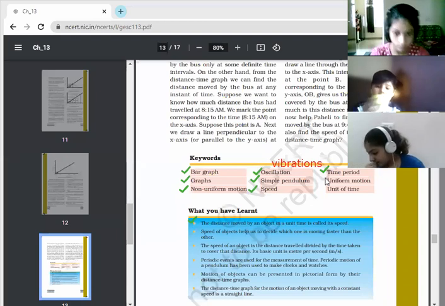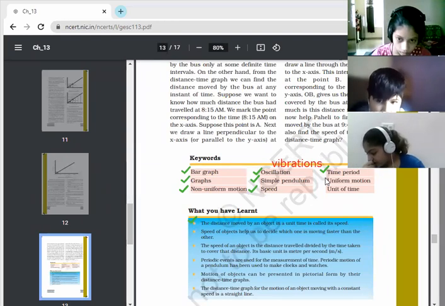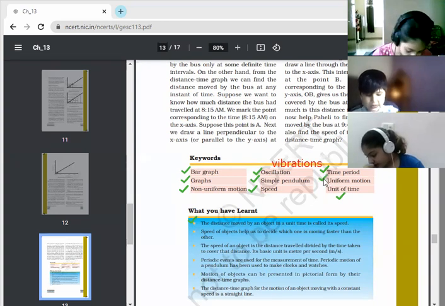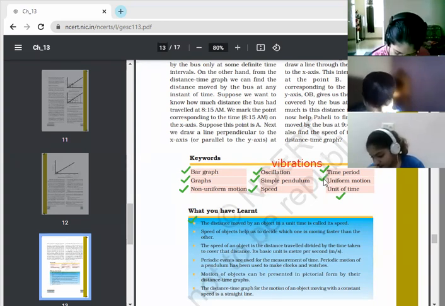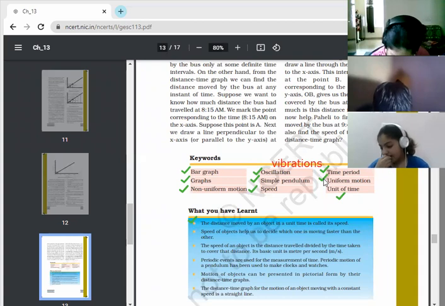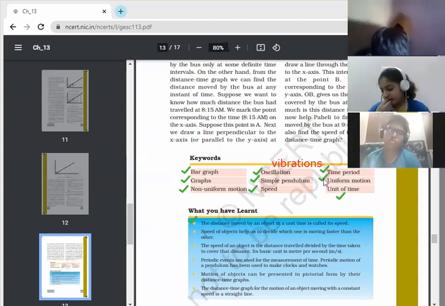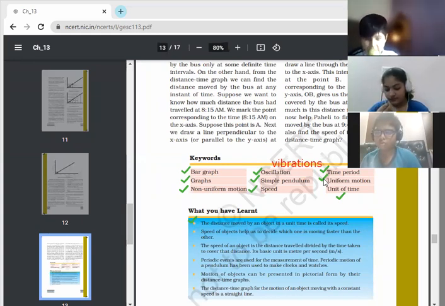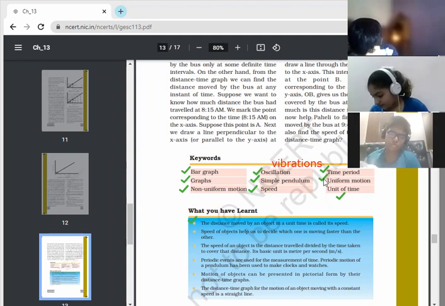Ma'am, the next one is uniform motion. An object moving along a straight line with a constant speed is said to be in uniform motion. Yes, an object moving in a straight line with a constant speed is known as uniform motion.